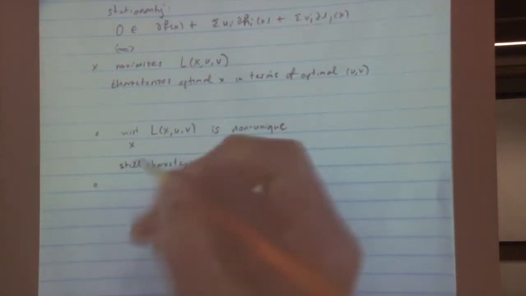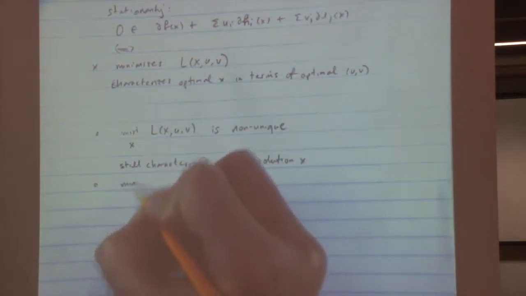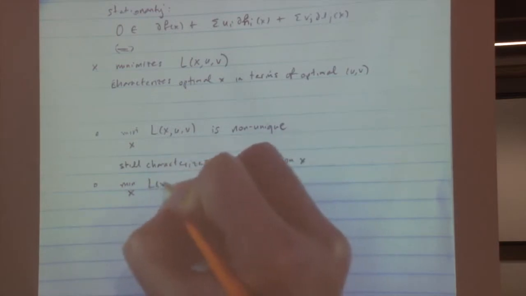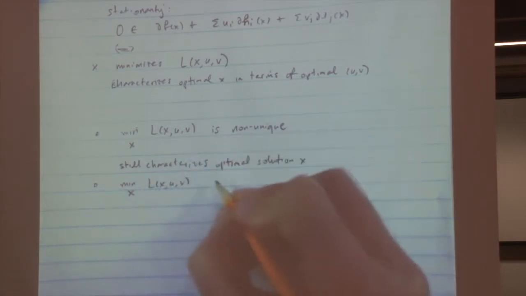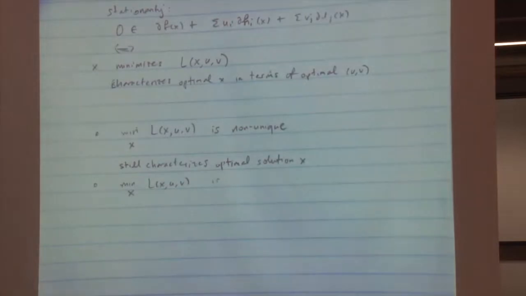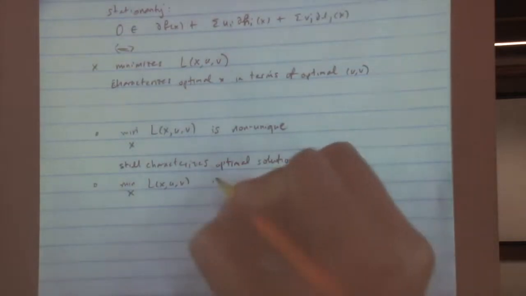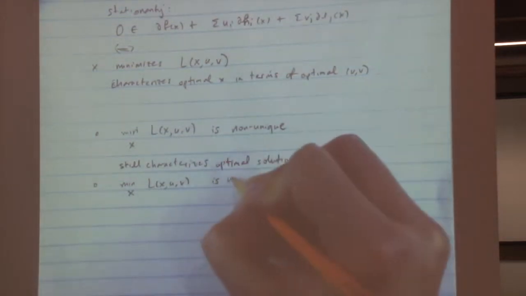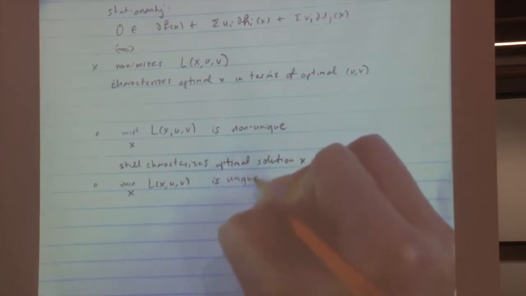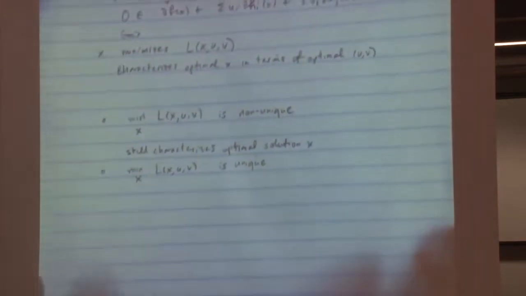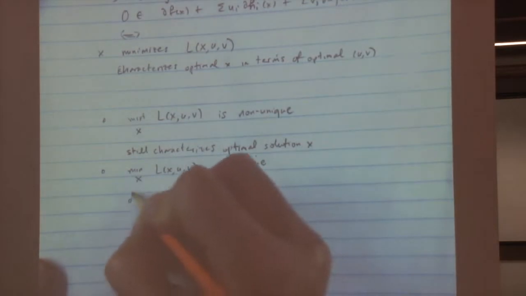Okay, the second case we should think about is when the minimizer is unique. In that case, we know that this determines the primal solution exactly.